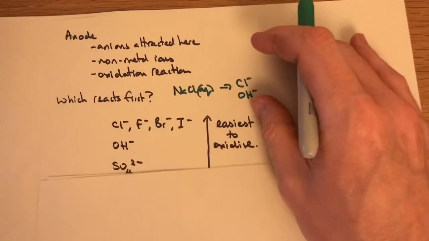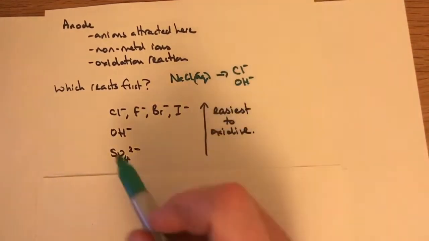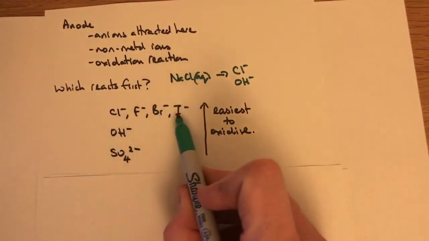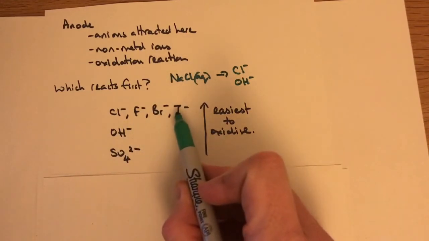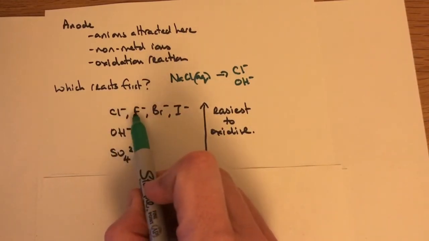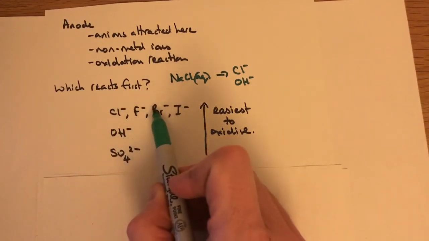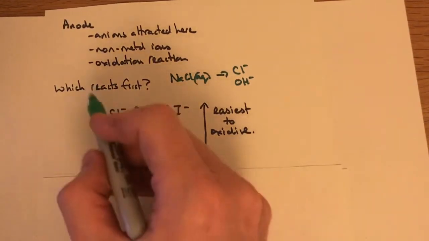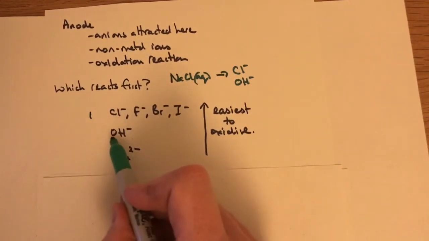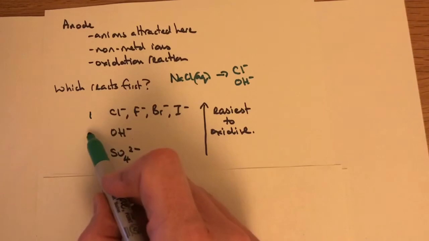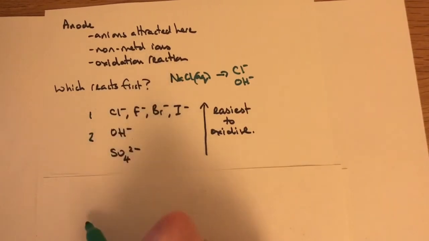To help us understand this, here's a little table, and I've listed all the halogens. They all have a single negative charge, and each one of these contains one part: chlorine or fluorine or bromine or iodine. Here the hydroxide is an O and a H, so this has two parts to the ion.